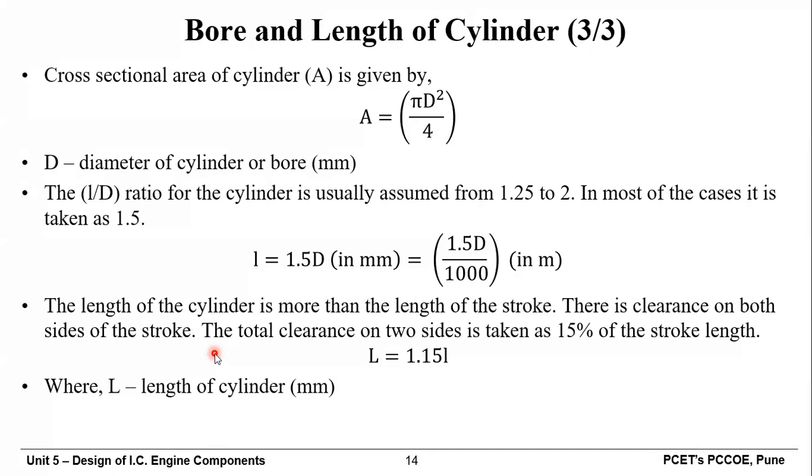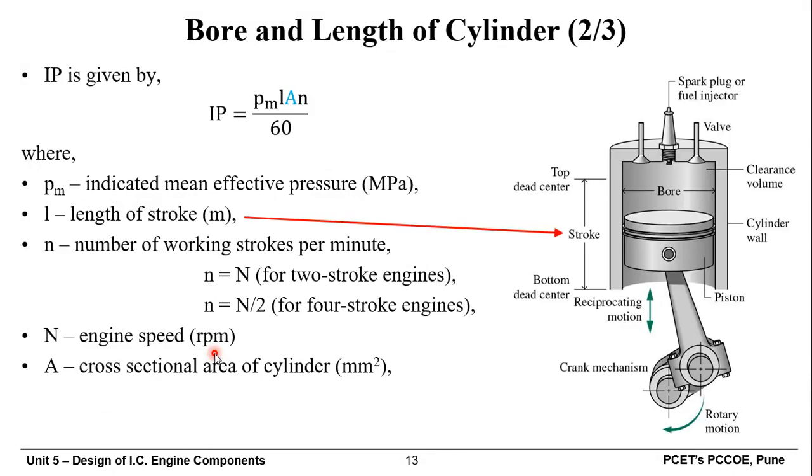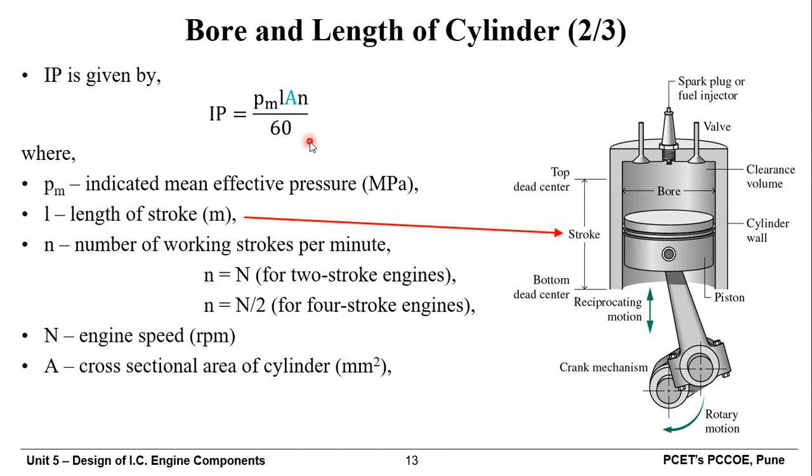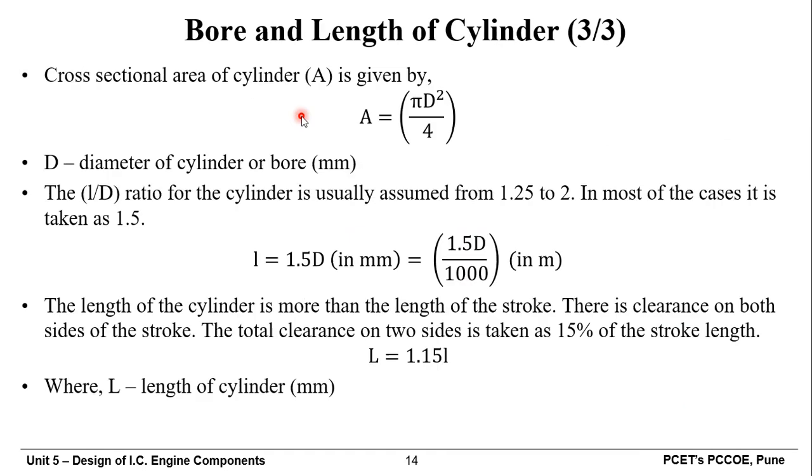So again, I will just briefly take a review. First, if we know the brake power, that is measured by using rope brake dynamometer, and if you know the efficiency of the engine, you can calculate the indicated power. Once you get the indicated power, there is a relationship between indicated power and cross-sectional area of the cylinder. So if you know all other values, you can calculate the cross-sectional area of the cylinder, and we know that the cross-sectional area formula is pi by 4 d square.